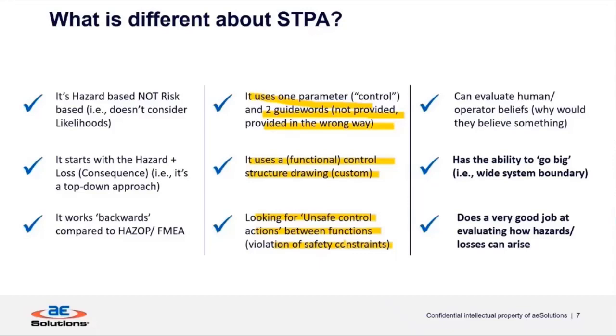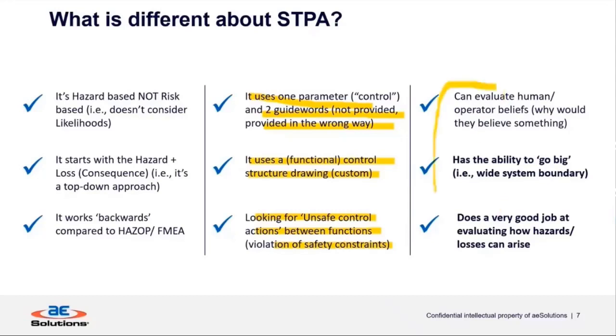So this language may sound a little bit unfamiliar, but we do the exact same thing in PHA. Have we exceeded design pressure? Have we exceeded flow rate? So it's the same concept. Have we violated safety constraints that the controller has placed on the process? So it's very, very similar, although the lingo may be a little different.